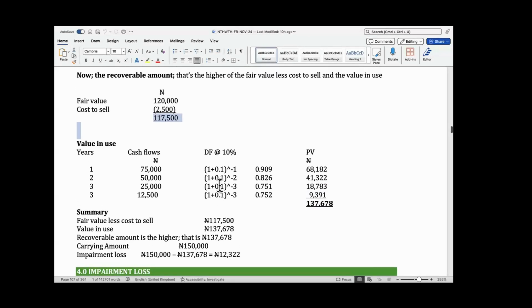So if my recoverable amount is 137,678 and my carrying amount is 150, that means my impairment loss is the difference, which is 12,322. So this is how you typically would determine an impairment loss.